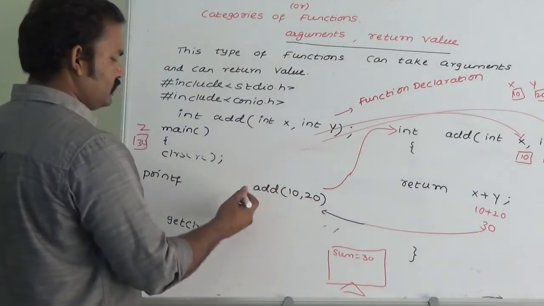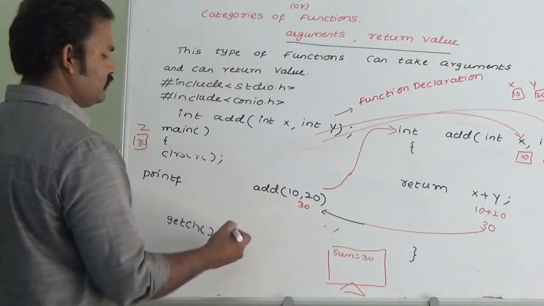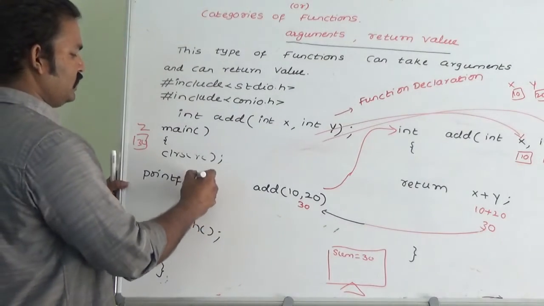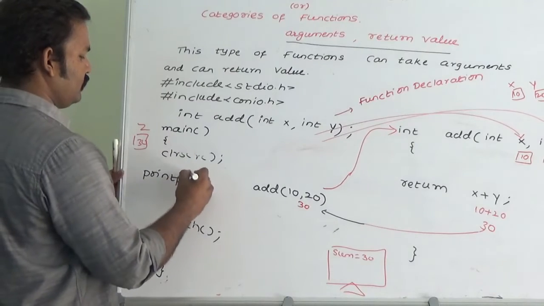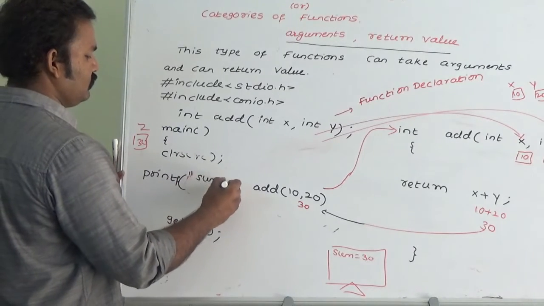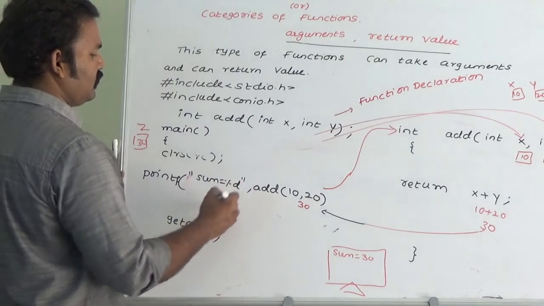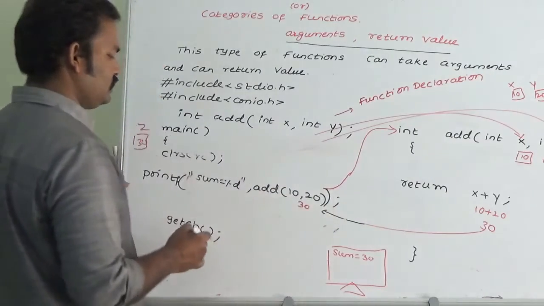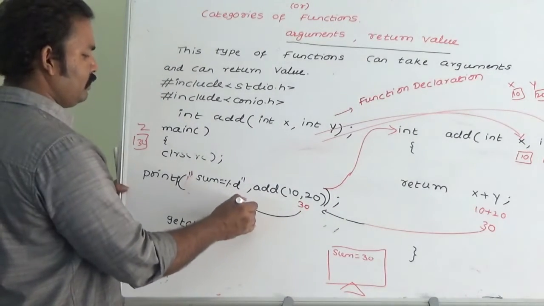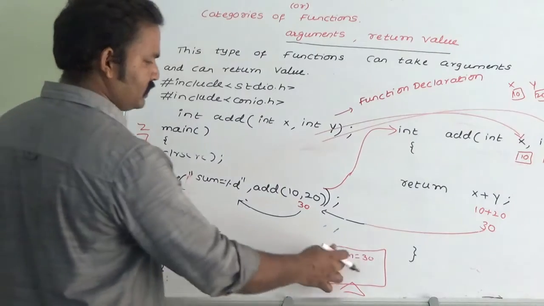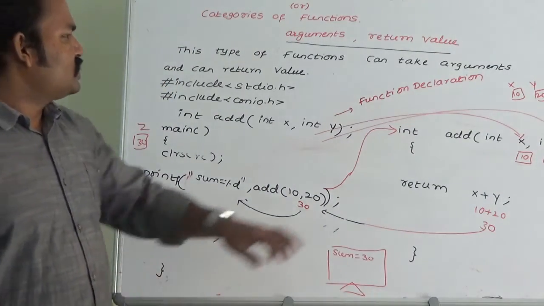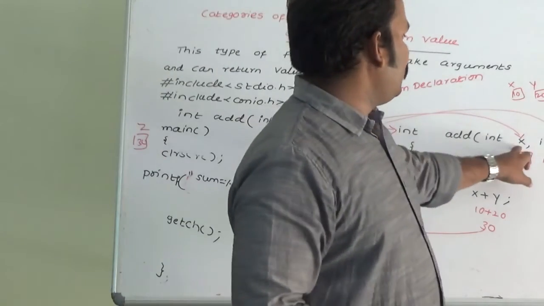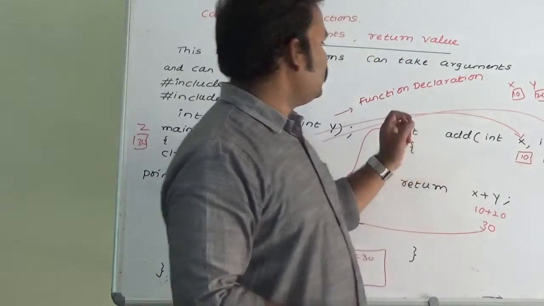Next, I want to print that 30 value on the screen. Printf Sum is equal to %d comma. So 30 will be printed on the screen: Sum is equal to 30. Clear? So this is about function with arguments and return value.